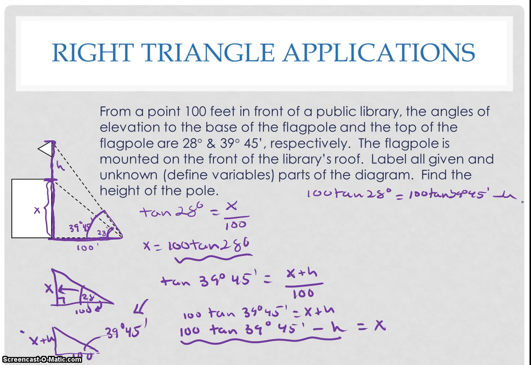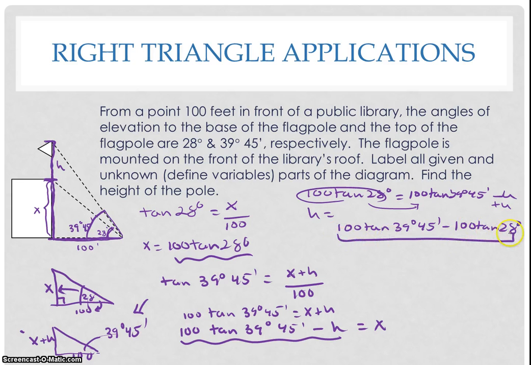And I ultimately want to solve for h, which is the height. So I can add h over here, and then I can take this term and subtract it over to there. So h is 100 tangent 39 degrees, 45 minutes, minus 100 tangent 28 degrees.